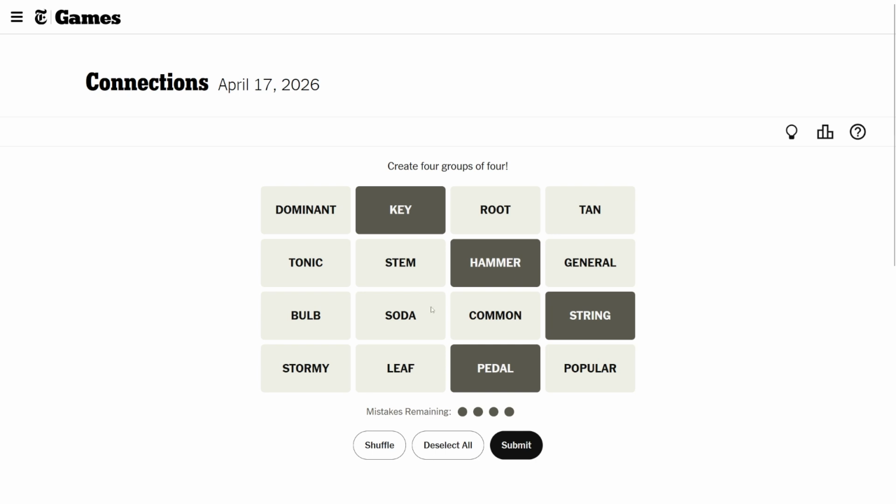Tan. Okay, the root, a stem, bulb, leaf, be part of a plant, I guess.